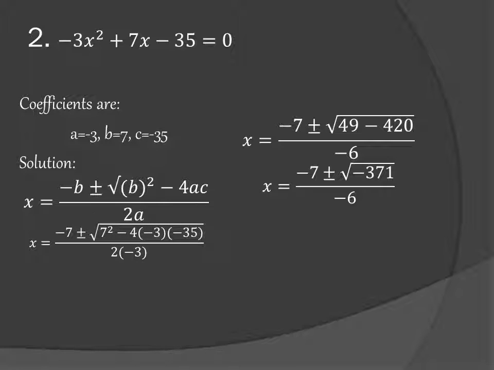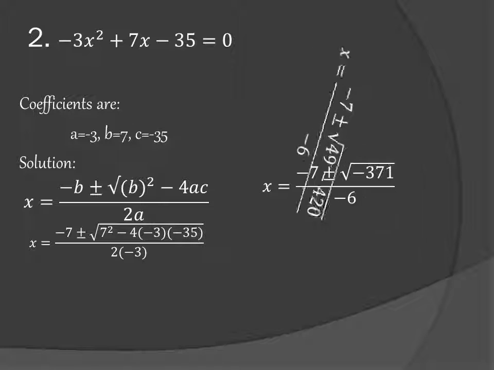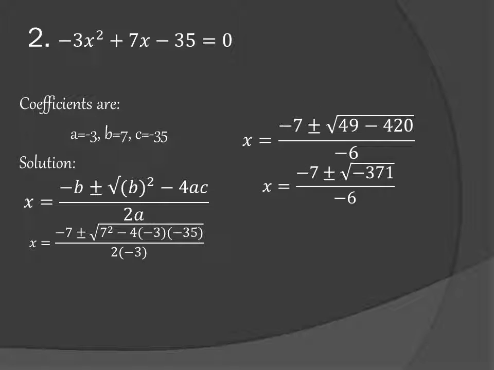So, by simply substituting the values of a, b, and c into the formula, we have x equals negative 7 positive negative square root of 7 squared minus 4 times negative 3 times negative 35 all over 2 times negative 3. So we have x is equal to negative 7 positive negative square root of 49 minus 420 all over negative 6.